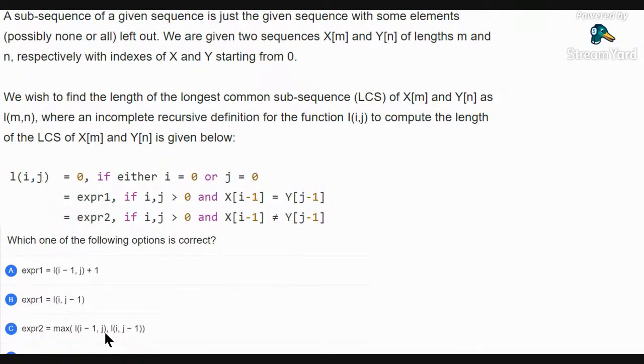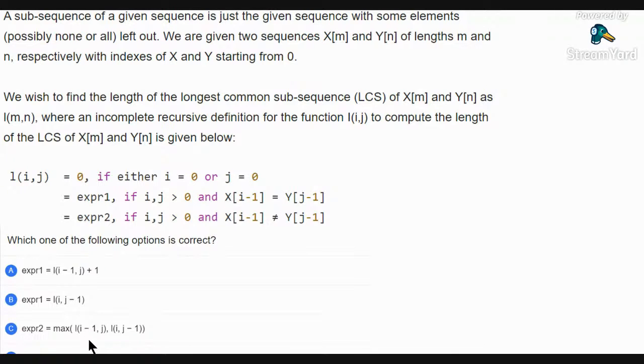If we are at the ith row, then the i minus 1 row is the previous row, and j remains the same. So j is nothing but the column. And this is i and j minus 1, so j minus 1 is the previous column. So this is upward and this is leftward. We are taking the leftward and upward entries, and we are considering the maximum of those two entries for expression 2.